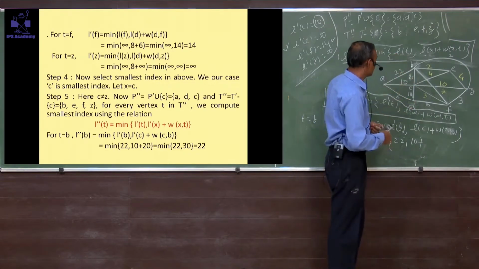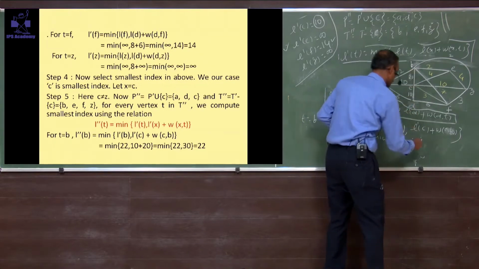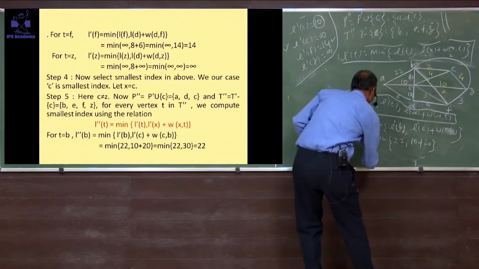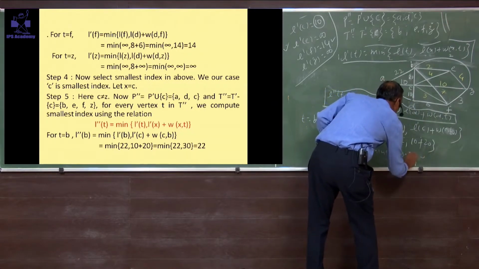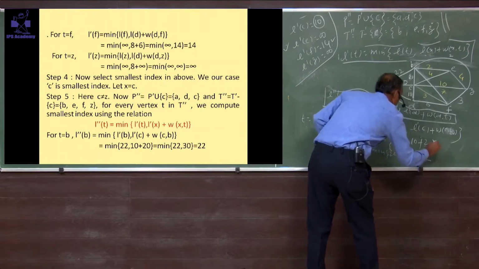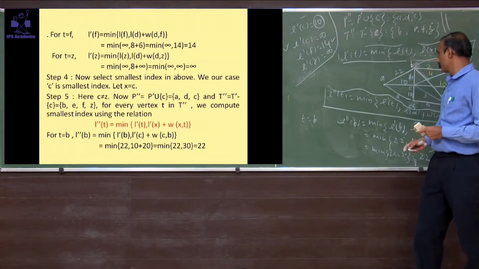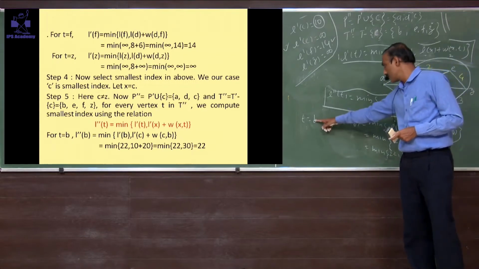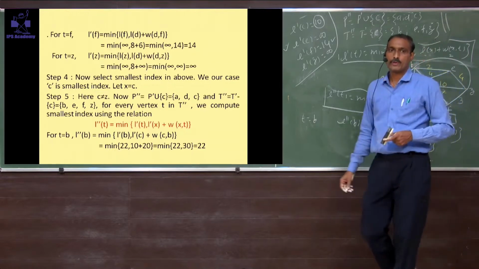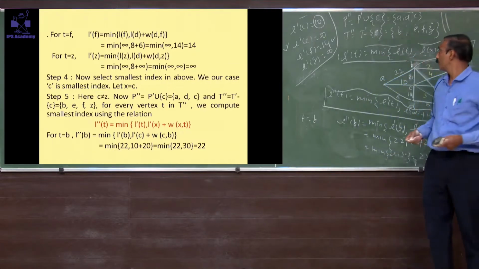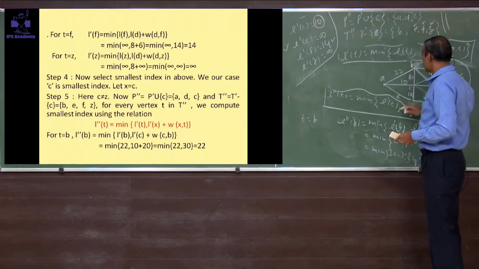C and B are directly connected, they are adjacent to each other, so this is 20. So the minimum of 22 and 30 is 22. So the index of L''(B), vertex B in the second iteration, is 22. Okay. Similarly, find the index for E, F and Z using the same relation.